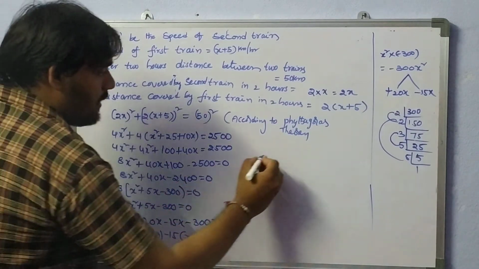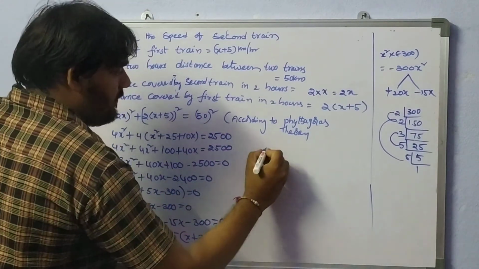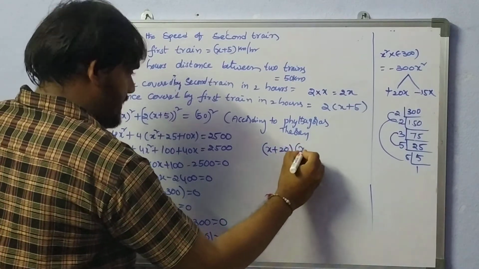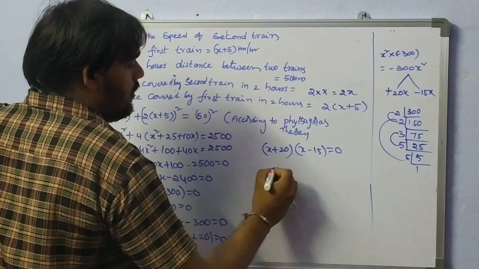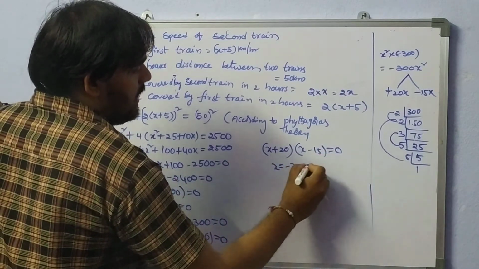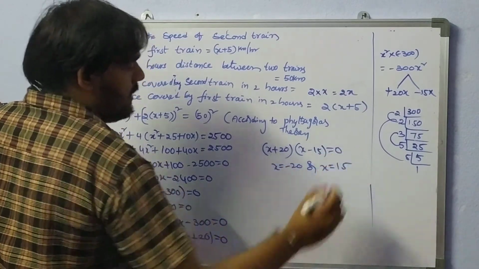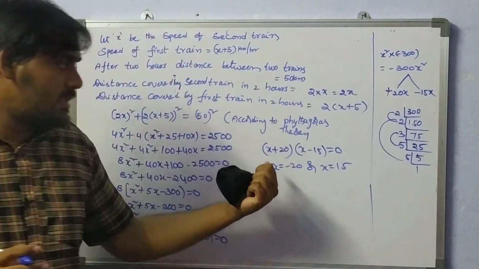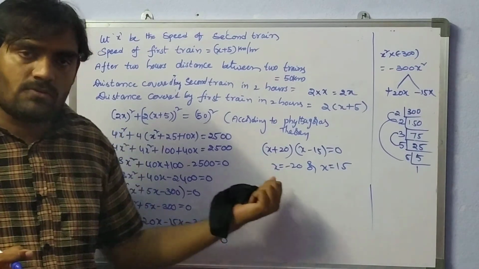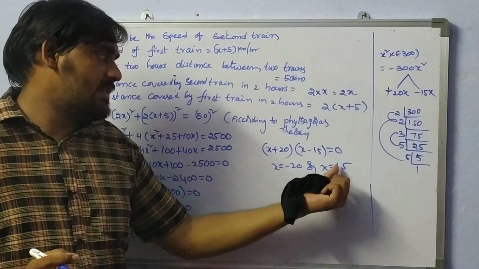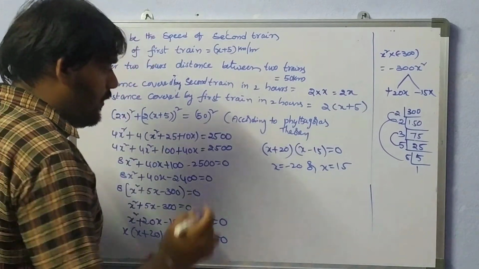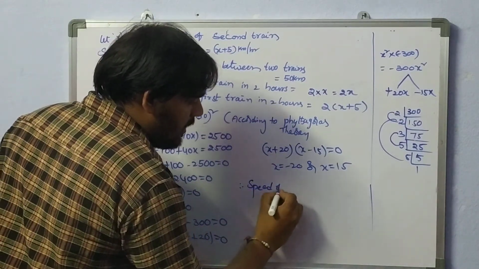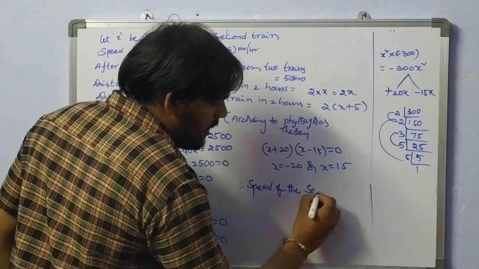After that we will get x plus 20 into x minus 15 is equal to 0, x is equal to minus 20 or x is equal to 15. Speed won't be a negative number, so we should not consider x is equal to minus 20. So we need to consider x is equal to 15. Therefore, the speed of the second train we assumed as x.